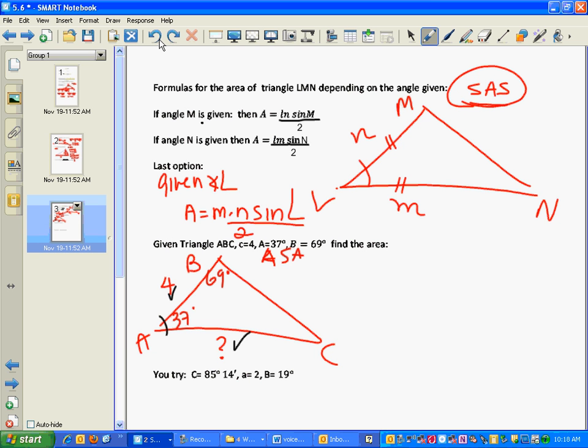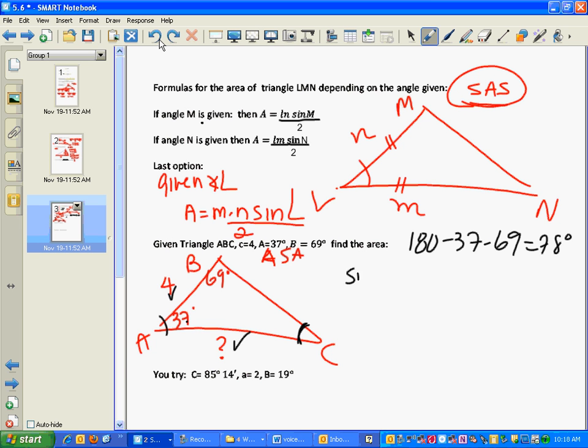And we say then that we know that this angle, if this is 37 and this is 69, that 180 minus 37 minus 69 is, let's see, 74 degrees.